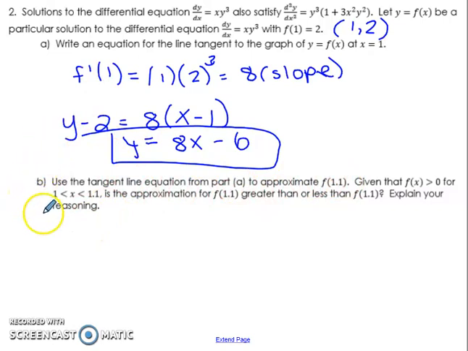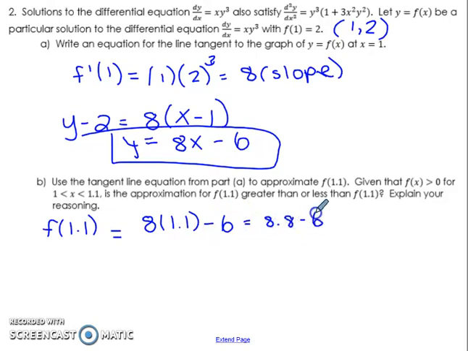So for our approximation, f of 1.1 is going to be equal to 8 times 1.1 minus 6. So then we actually do that. That's going to give us 8.8 minus 6, which is going to give us 2.8. So 2.8 is our approximation.